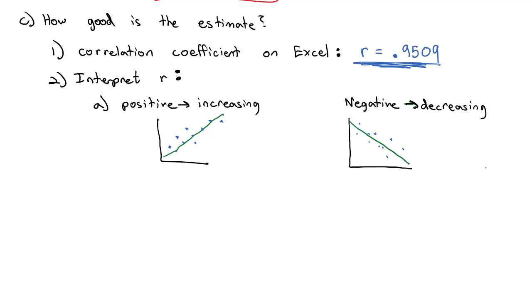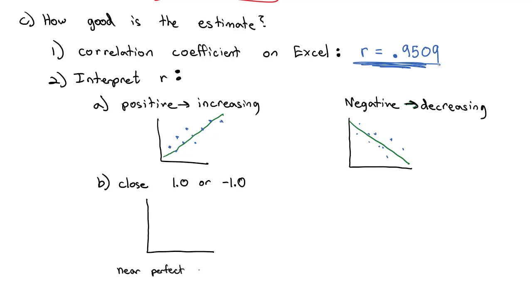The next thing we look at as we interpret R is how close to the number 1 it is. If it is really close to 1.0 or negative 1.0, it's never going to be further away than 1, but positive 1.0 or negative 1.0, then the graph is a near perfect line.